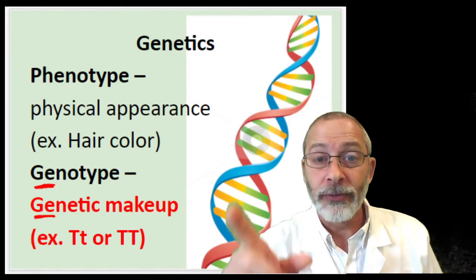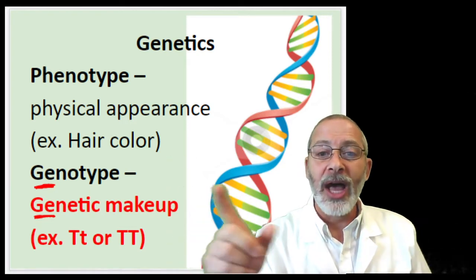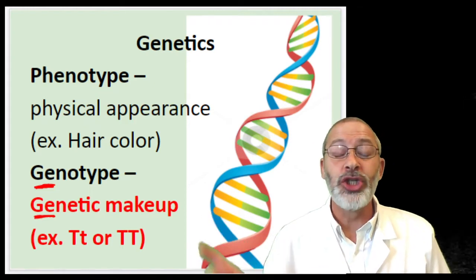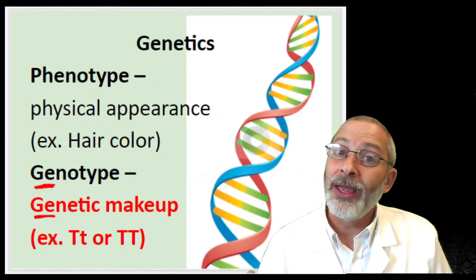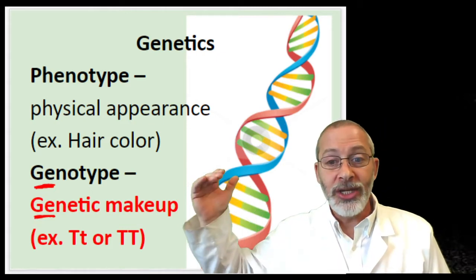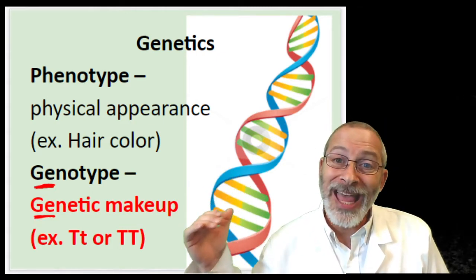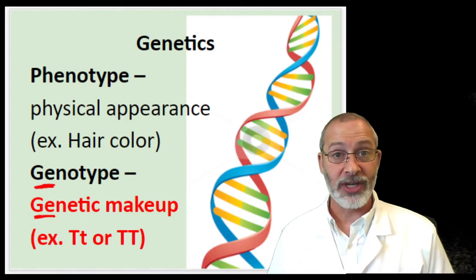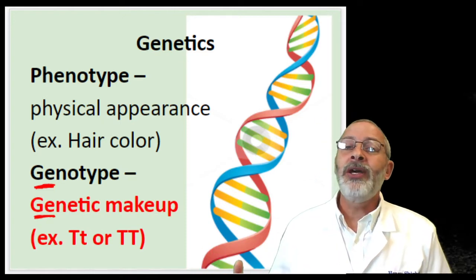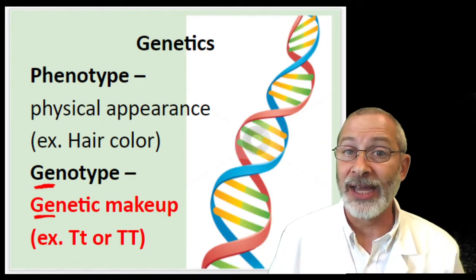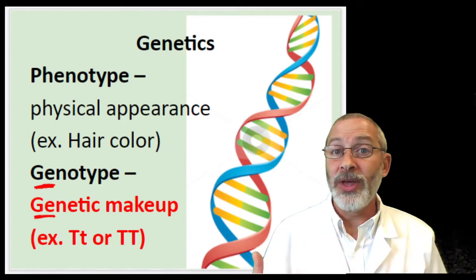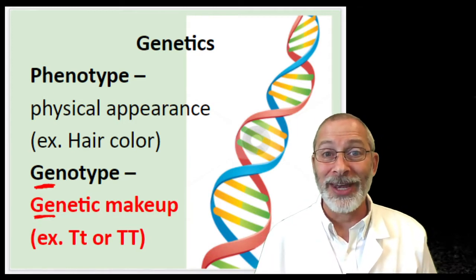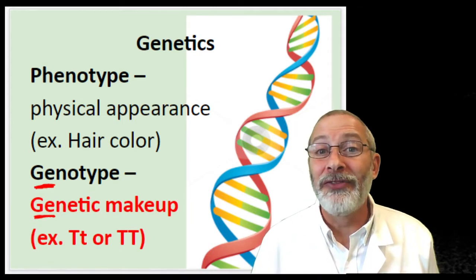So in your notes, right now in your notes, underline GE under genotype and underline the GE in the genetic makeup, because the genotype is the genetic makeup of an organism. Now, we can see the phenotype on the outside. The genotype is what's on the inside. We can't see that without special equipment like microscopes and various testing equipment for DNA.